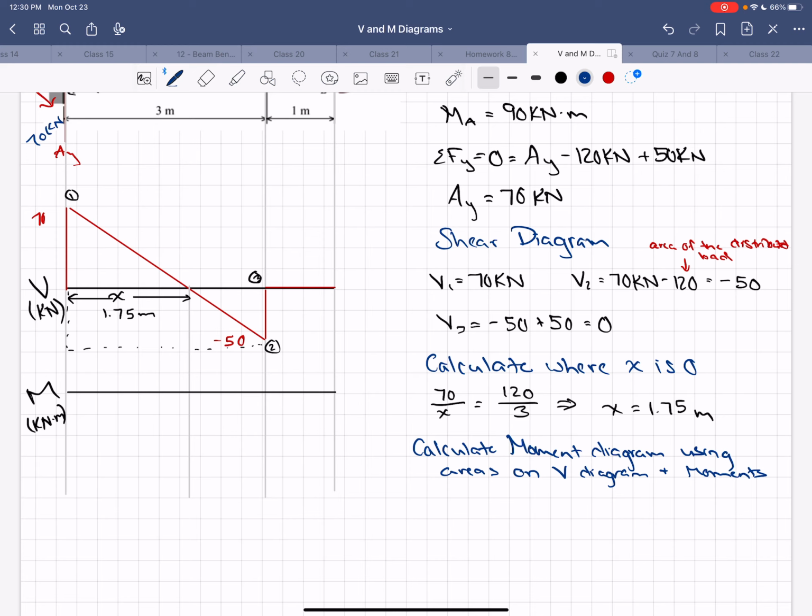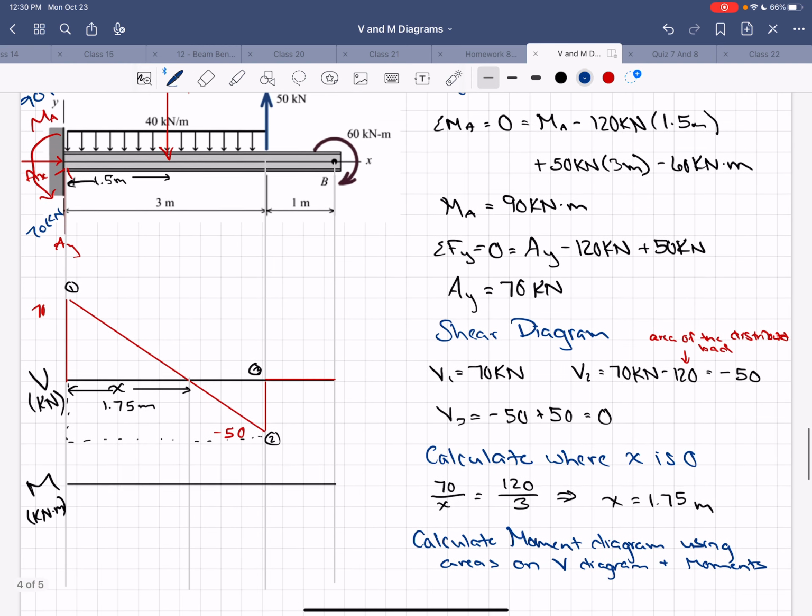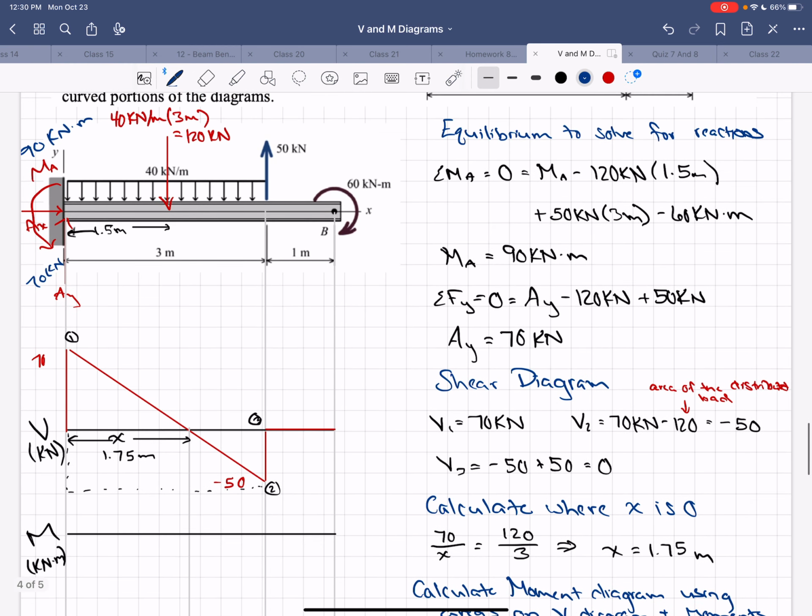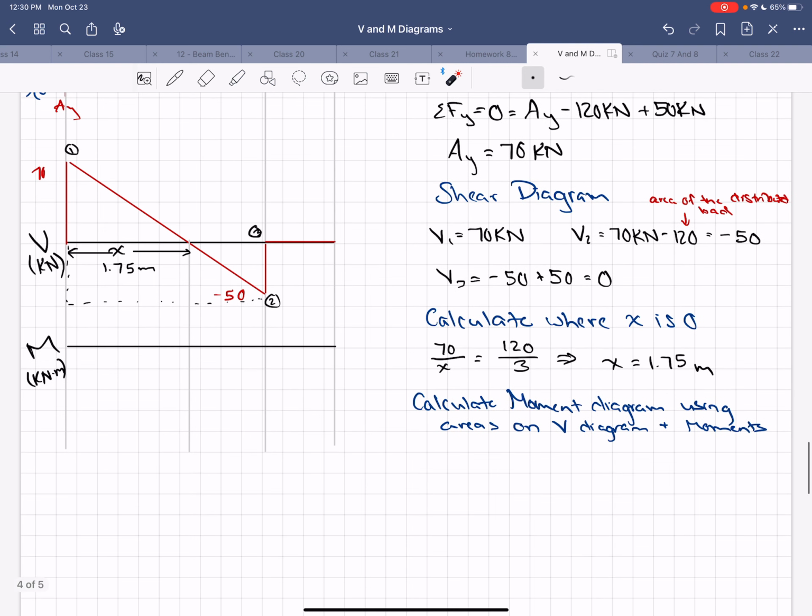So we know that at A, it was fixed, and we had a reaction moment that came out to this positive 90 kilonewton meters. It's positive, so that means on the moment diagram, we jump down 90 kilonewton meters. So this is negative 90.